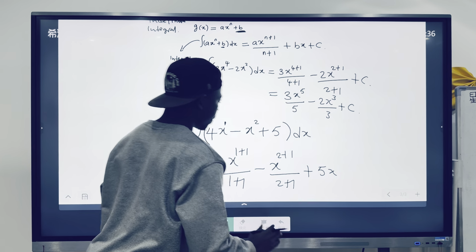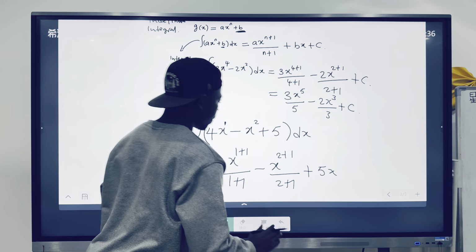If I have 3 over 5 to the power negative 2, this is the same as saying 3 times 5 to the power 2. You just change the sign there. Here I put negative, that's why it becomes positive.